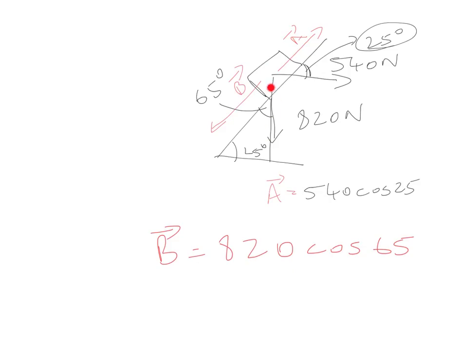So 820 is downwards, and if we want to find the component along this surface, and you know this is 65, it becomes 820 cos 65. So now you have found B. B is a component of the 820 newtons.